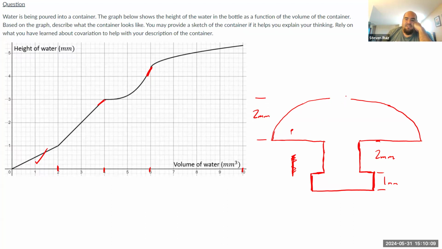That means the width of this container is going to start to spread out again. So can we be a little more specific about the way that's going to happen? The rate of change starts off being steep for a bit, and then it starts to get shallower and shallower.